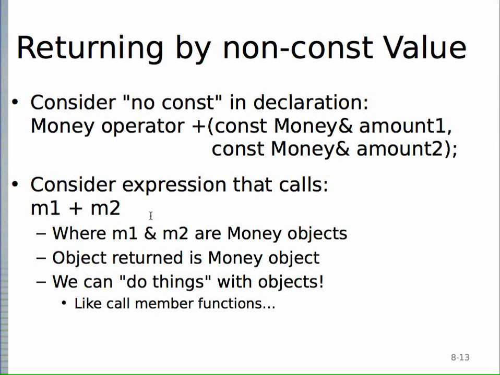So remember, the whole reason why we're overloading operators is so that we can do things like supposedly add two objects. So M1 and M2 are money objects. The object returned is a money object, and we can, quote-unquote, do things with objects, that is, call member functions. Let's say we call a member function where we modify the result of this plus operation.